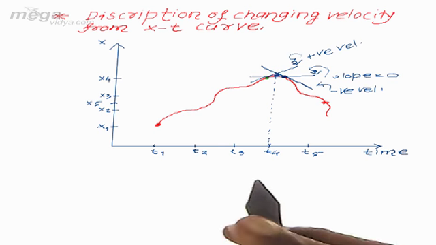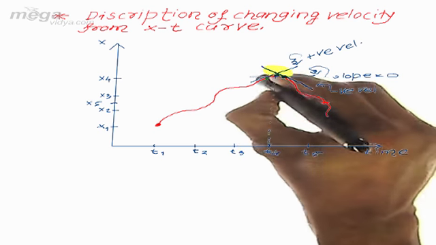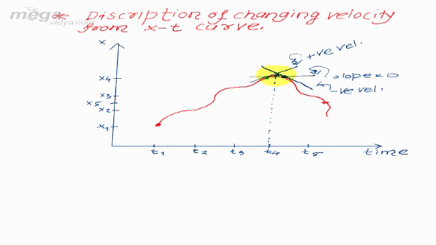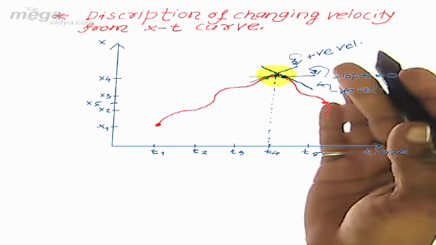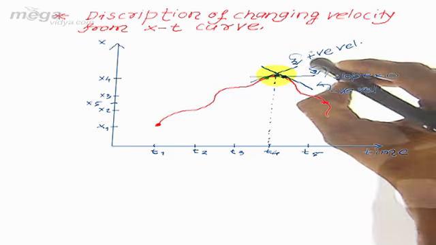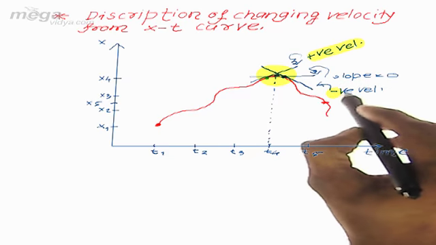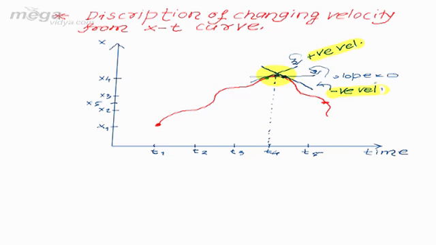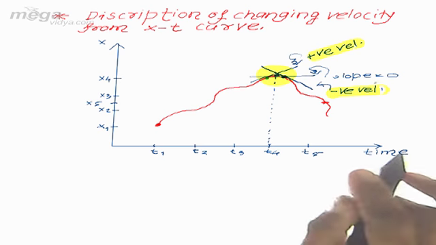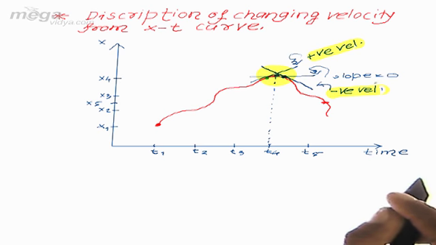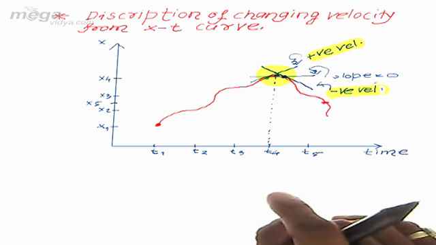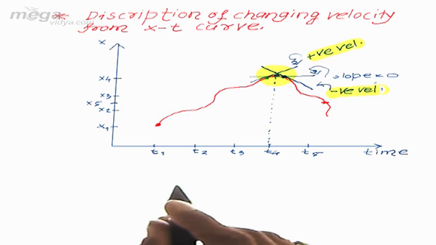So the rate of change of velocity at this place can be considered negative. Why is it negative? Because initially the velocity was positive, then finally it becomes negative. So the change in velocity is negative. That's why the rate of change of velocity, which will be further defined as the acceleration, is negative.